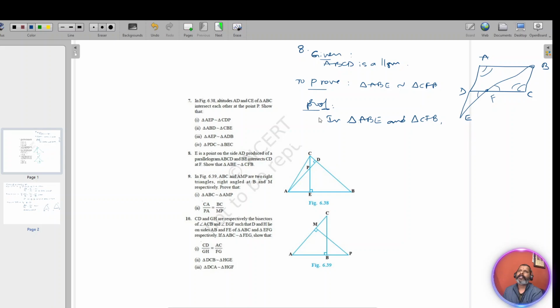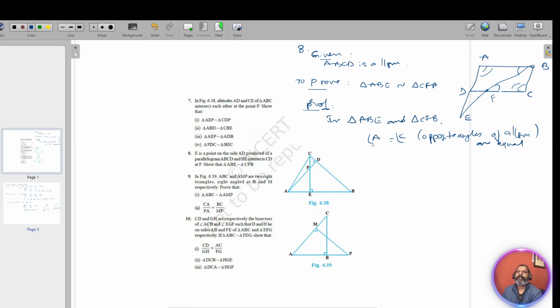In these two triangles, I'll write all the three applicable. Even you can write two only. D and F will not come. So I can say in ABE this is equal to this because they are alternate angles. So in ABE, A equal to CFB, C, because opposite angles of a parallelogram are equal.